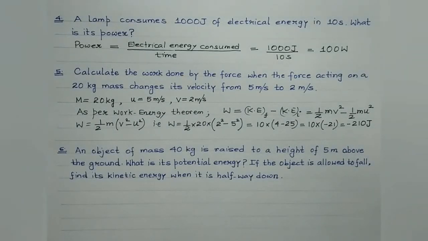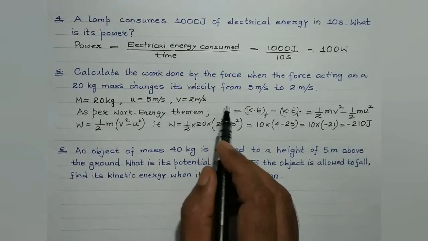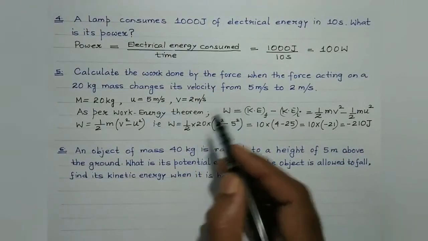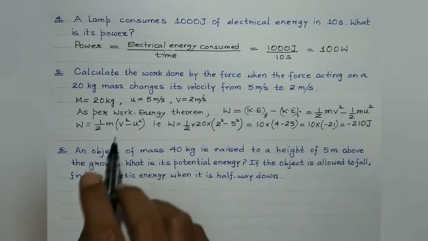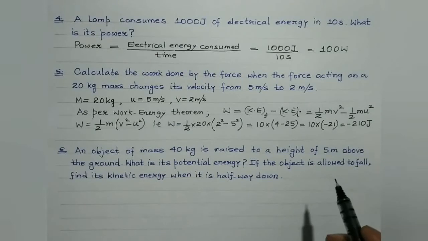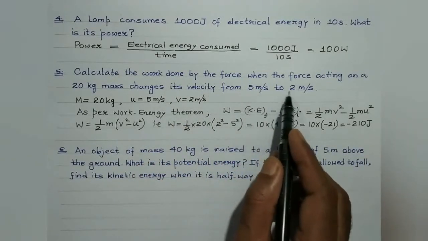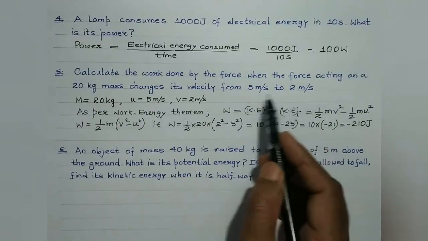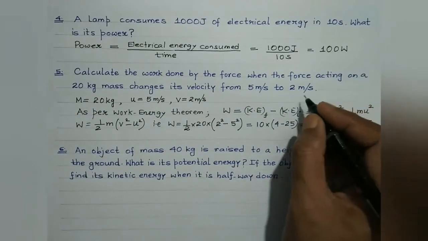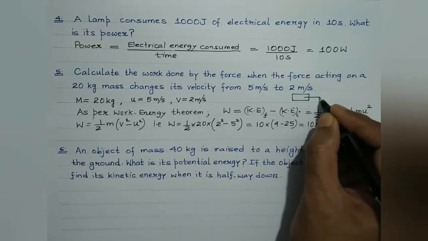Clear students? Now this negative sign suggests that the force must be acting in a direction opposite to the direction of motion of the body. That is why work done is negative over here. Now look, the velocity of the body is changing from 5 meter per second to 2 meter per second. That is, the body is retarding. So this must be the case. Suppose this is the body and this is the direction of motion of the body.